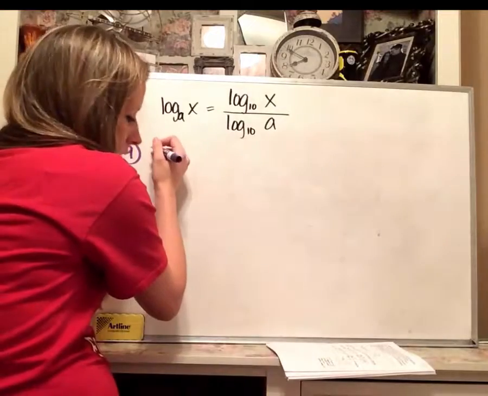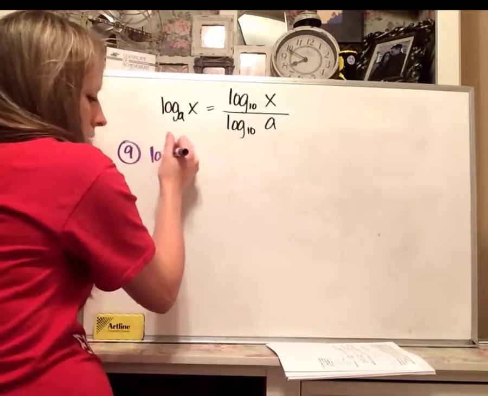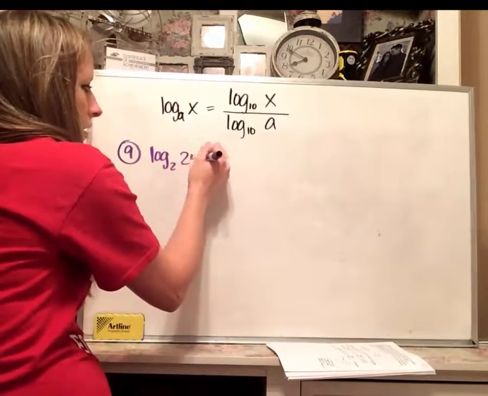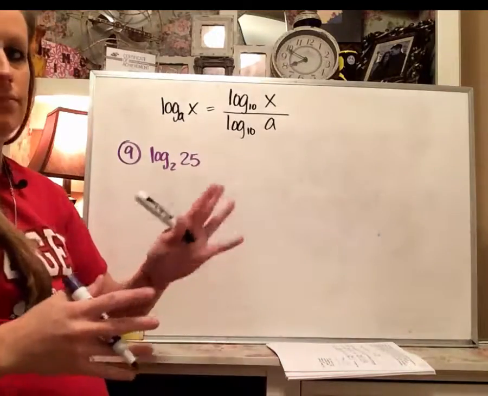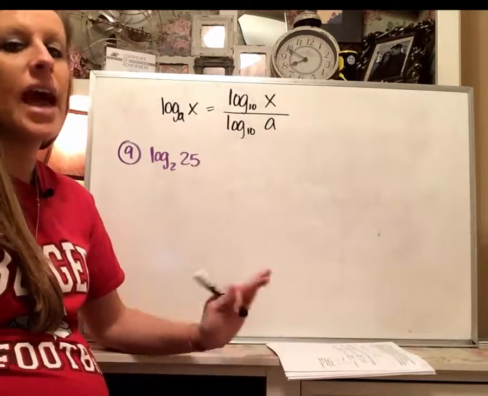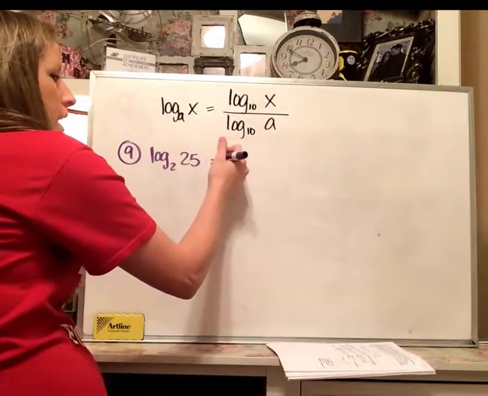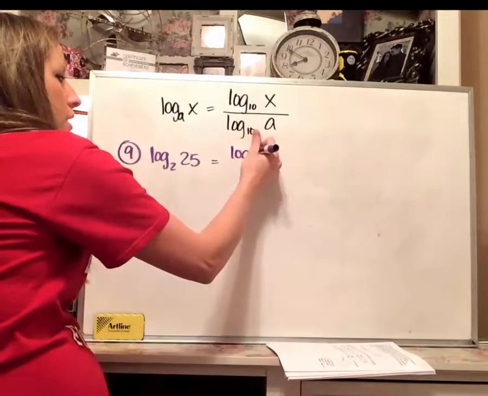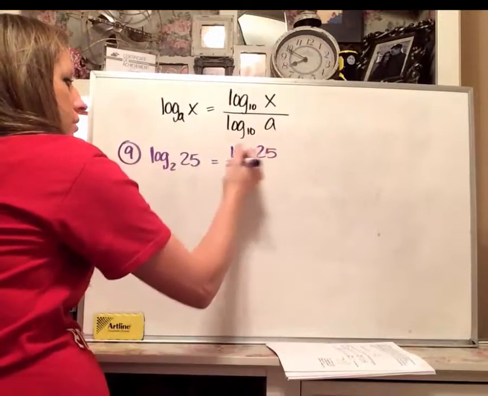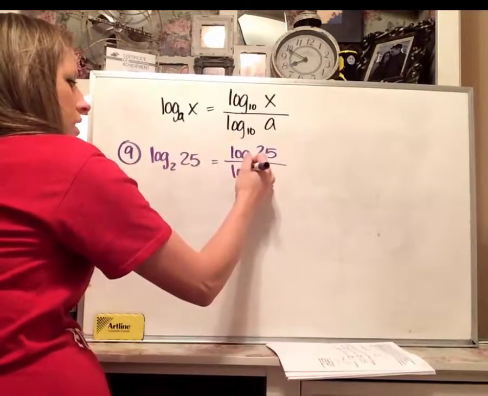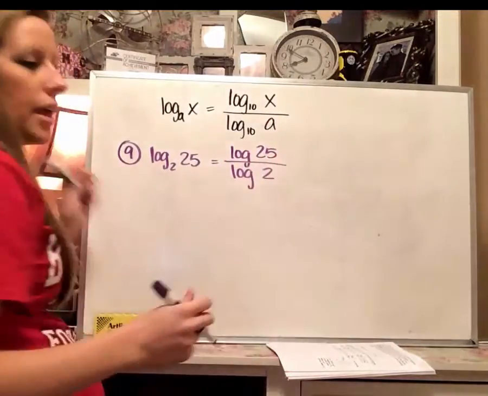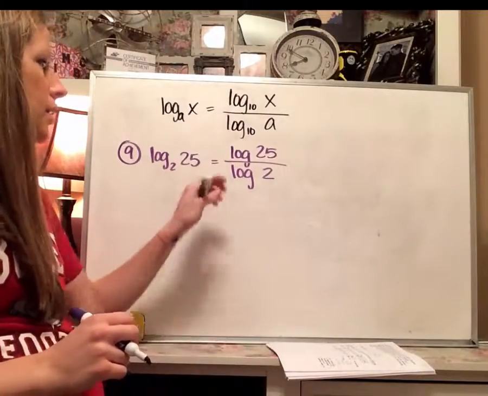we have log base 2 of 25. And let's say they ask for an exact answer. What you're going to do in your calculator is the log of 25 divided by the log of 2. Okay, so go ahead and punch that in.